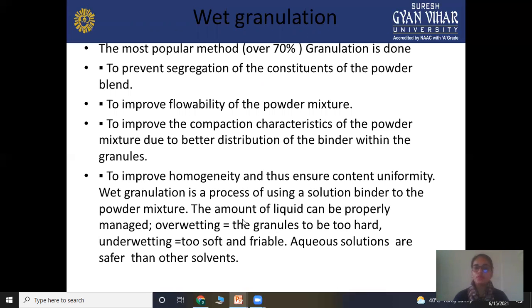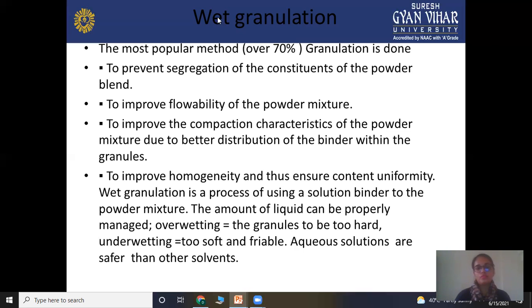The amount of liquid must be properly managed. Overwetting makes the granules too hard and underwetting makes them too soft. It is also similar to dry granulation, but in wet granulation, you prepare a certain solution or use a binding solution for making the mass. And the moisture content of this mass is very important. You do not use too much moisture.